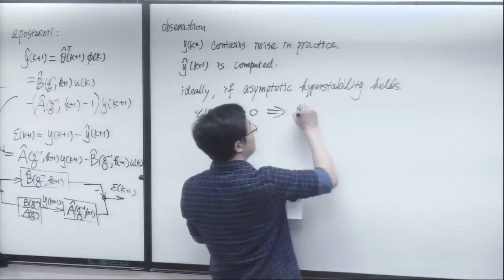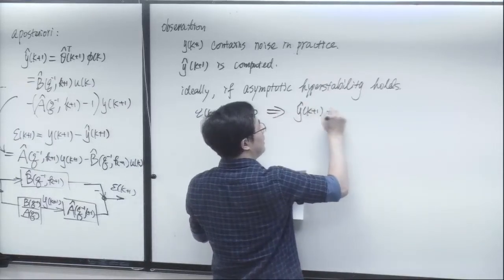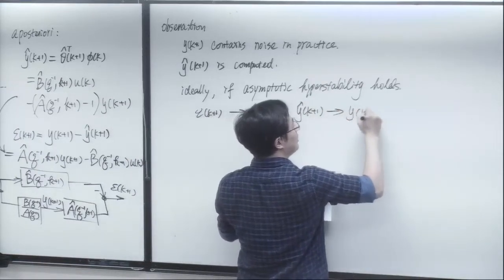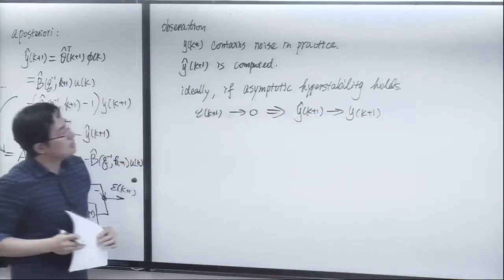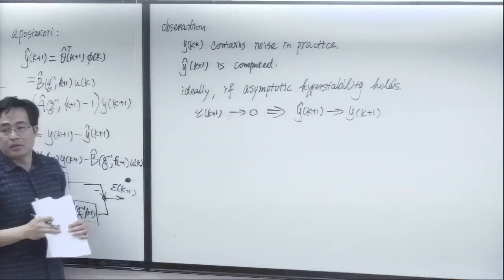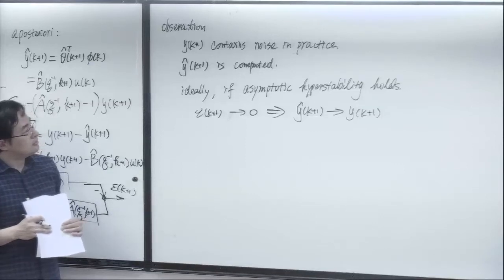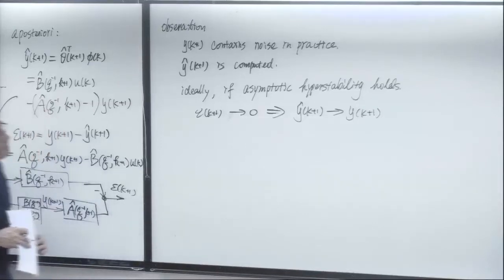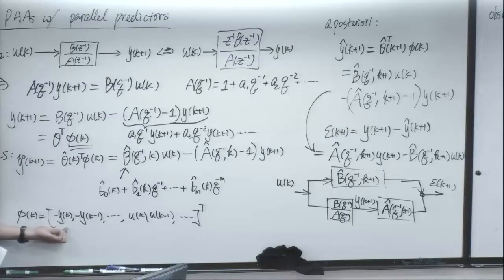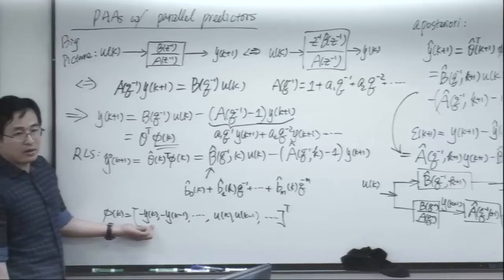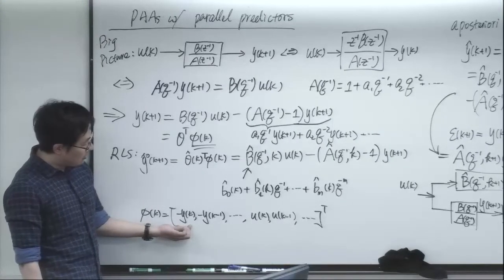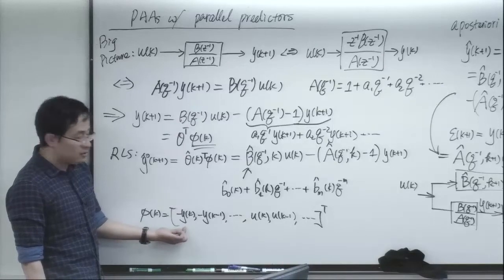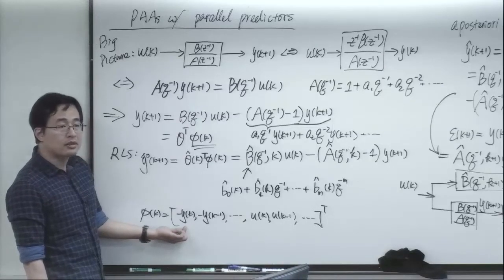That's going to give us y hat. The a posteriori prediction is going to approximate the true output. So someone looked at this and figured, if y hat is computed and potentially less noisy than the true measurement, why don't we just use y hat in this regressor vector?